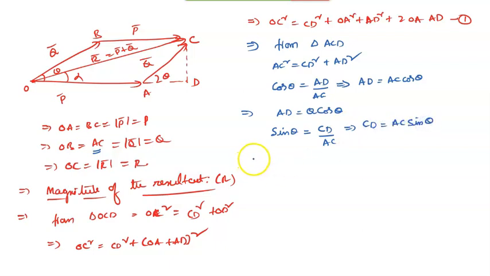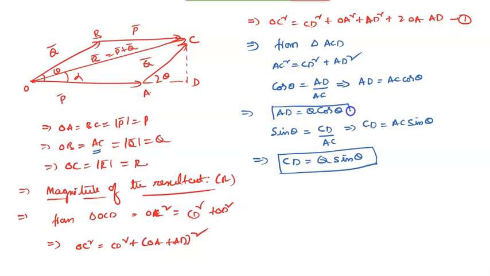But AC is equal to Q. So CD is equal to Q sin theta. From the small triangle ACD, we found three values. One is AC square is equal to CD square plus AD square, and AD is equal to Q cos theta, and CD is equal to Q sin theta.